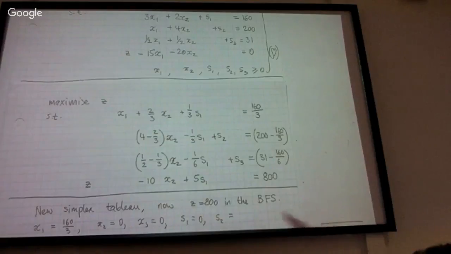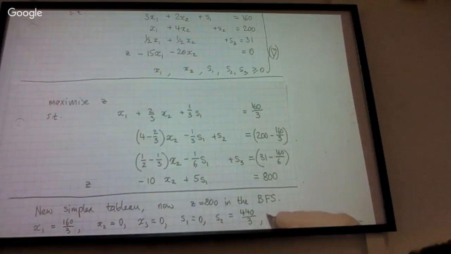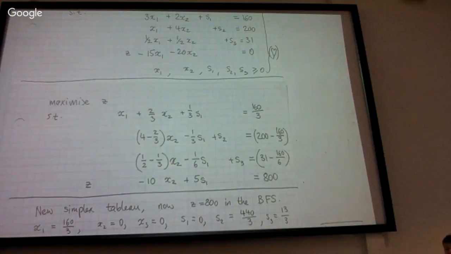I think it's 440 divided by 3. And S3 is I think 13 thirds. Can anybody check that I'm doing the arithmetic right?